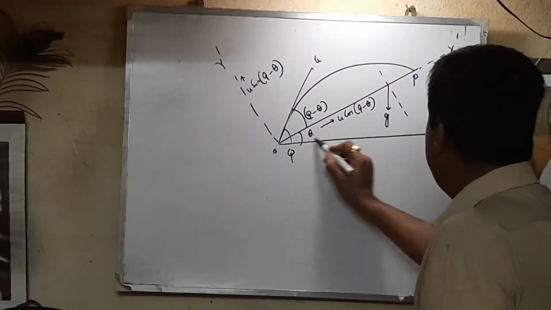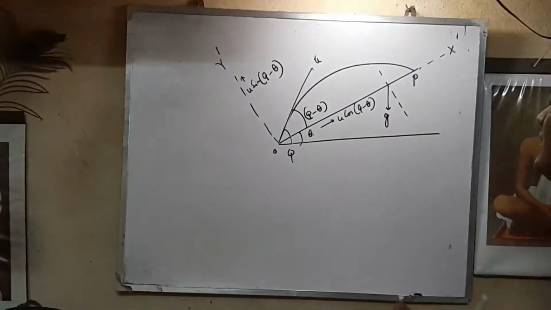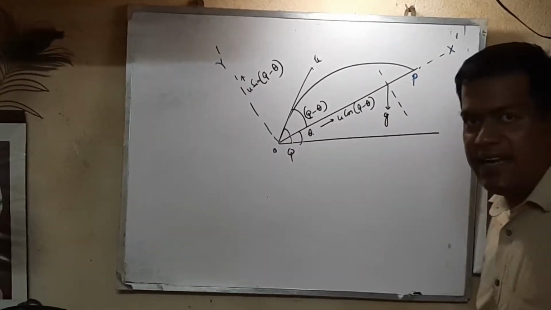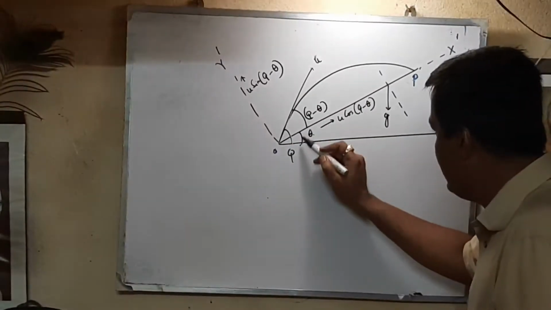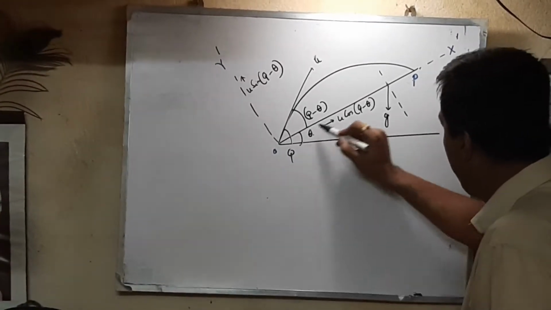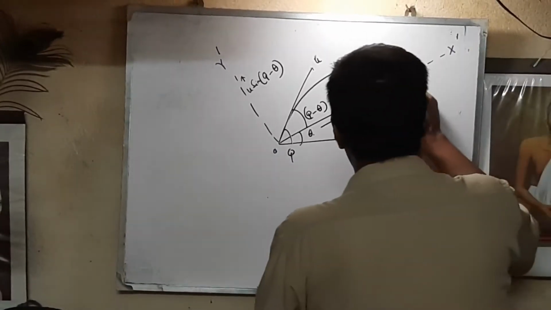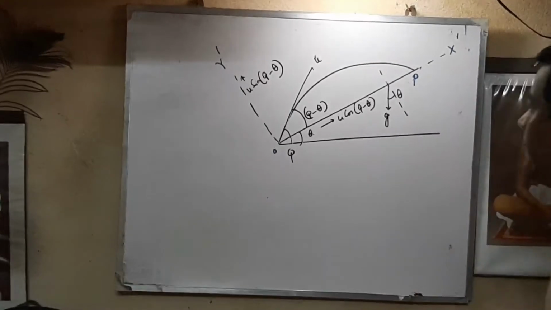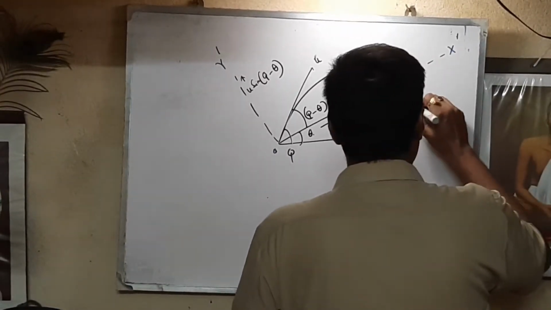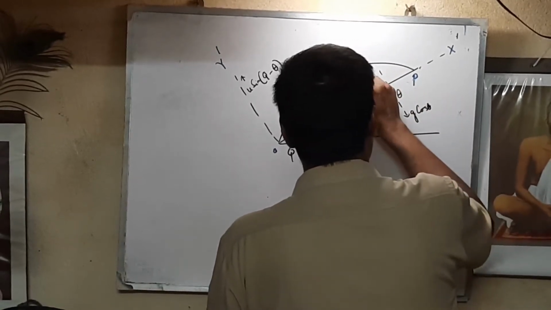The angle between these planes is theta. The normal to this direction is this, and normal to that direction is that, so this angle must also be theta. Now g can be resolved into two components. Along that direction it is g cos theta, and along this direction it will be g sin theta.